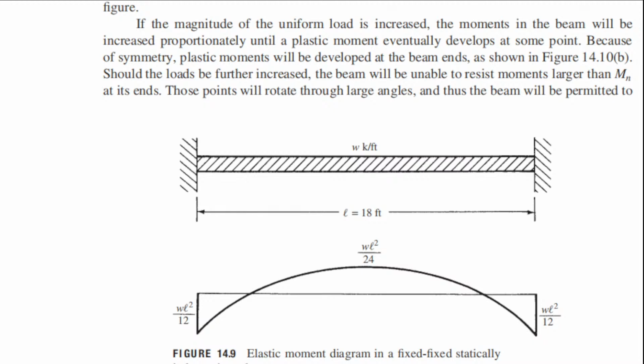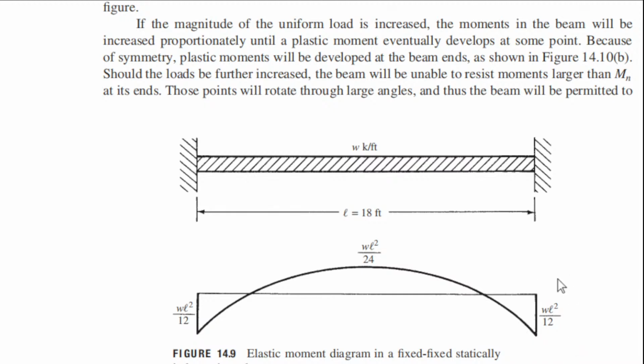It will only go up to 20 because that is the maximum Mn. It cannot resist more than 20, if we are assuming that Mn is 20.